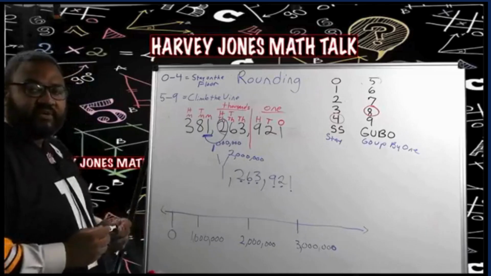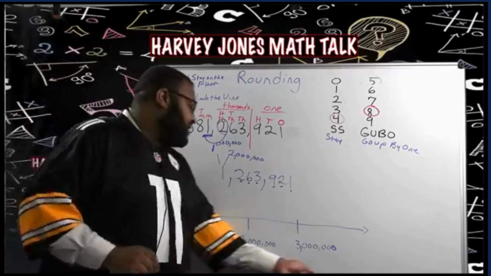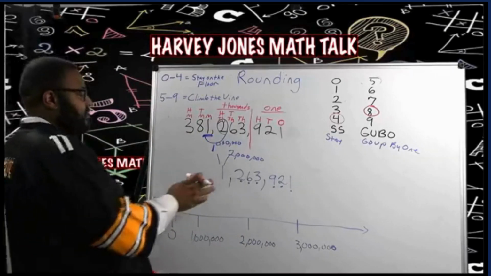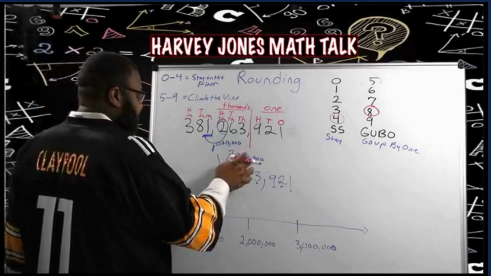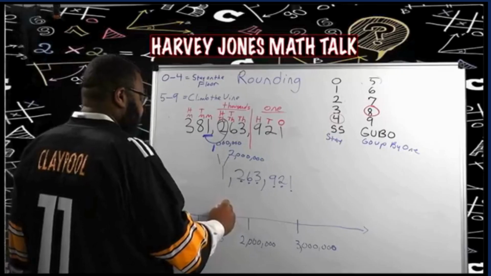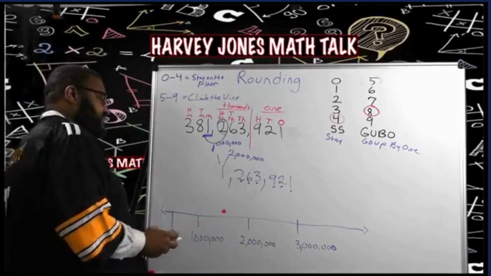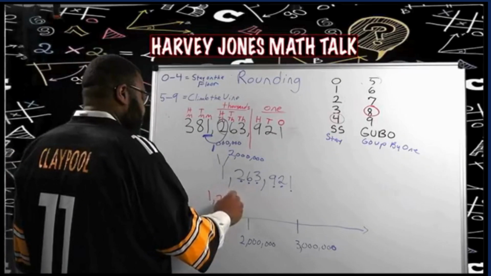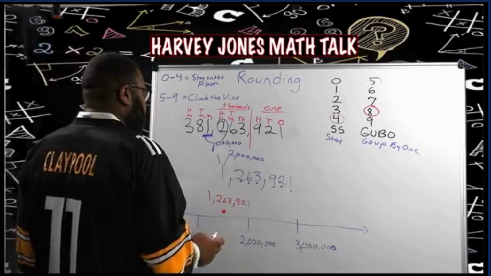That's what it looks like on the number line. So we've got to figure out in between what two numbers this fits. You've got 1,000,000 and 2,000,000. So it's going to come right back here. You just have to ask yourself which number it is closest to.